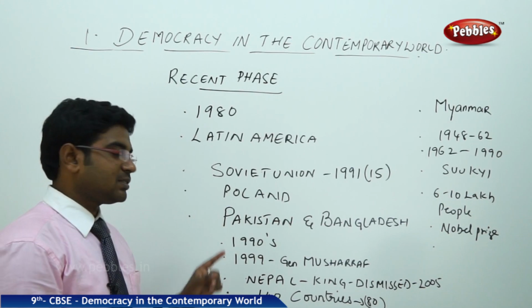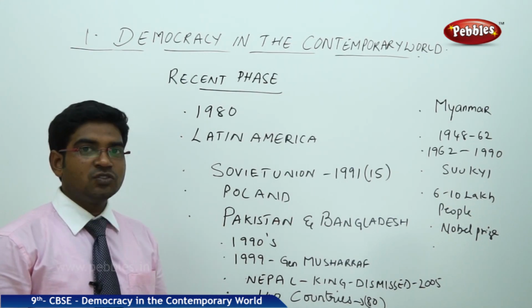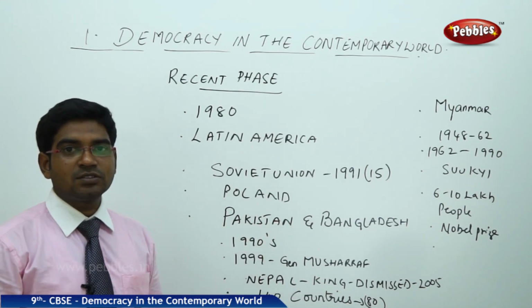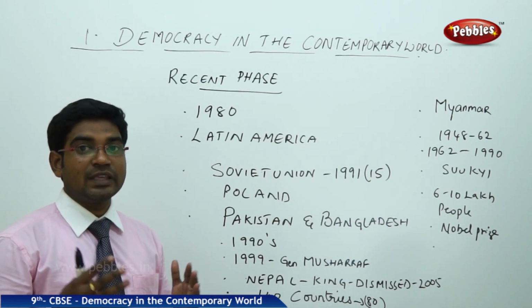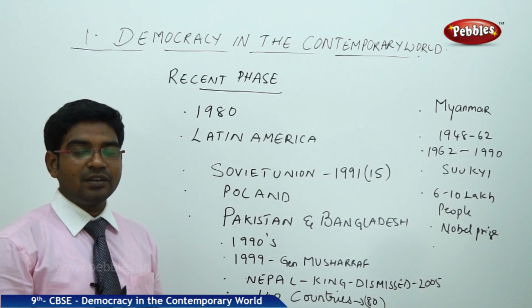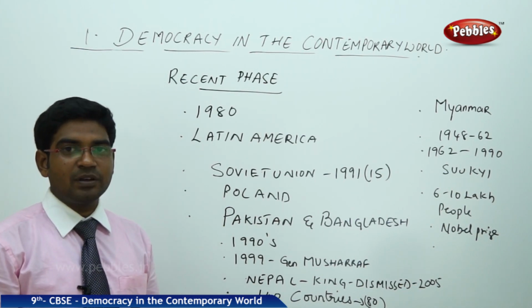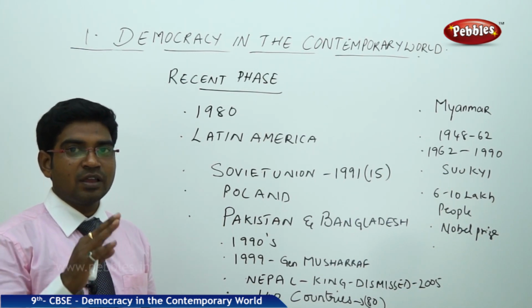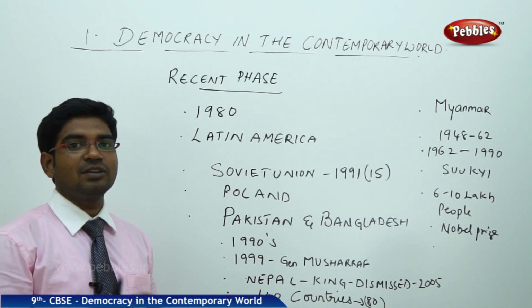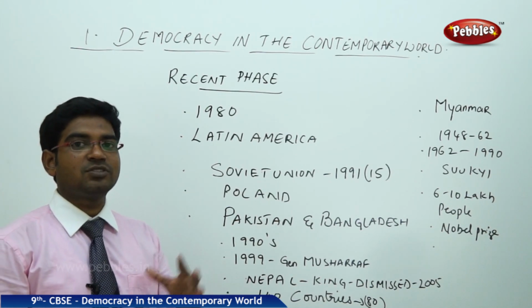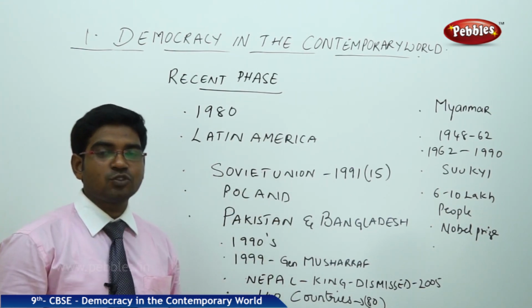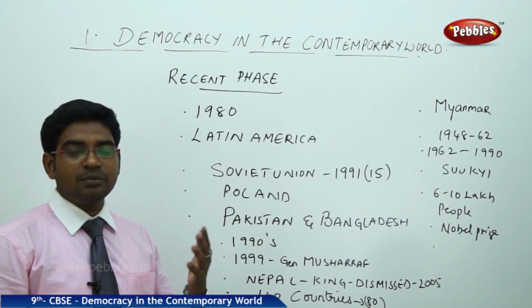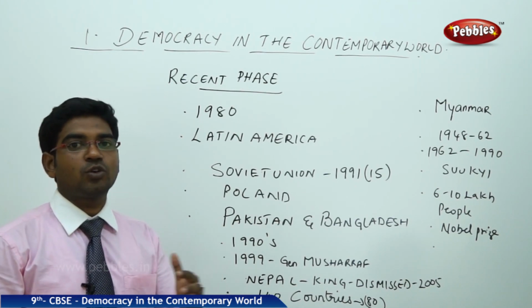But in Pakistan, in 1999, General Musharraf overthrew the Nawaz Sharif government, which was elected by the people, and then he went to the people for a mandate, got a mandate for 5 years and declared himself president with the people's support. So that's how from democracy it moved back to military dictatorship.